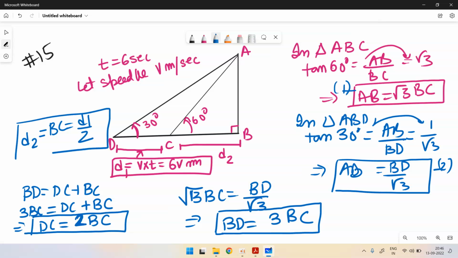Now, D1 by 2. So, what is the time taken? Let's suppose the time taken is T dash. Time taken is distance upon speed.